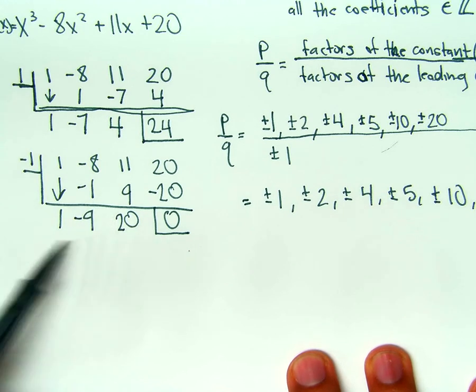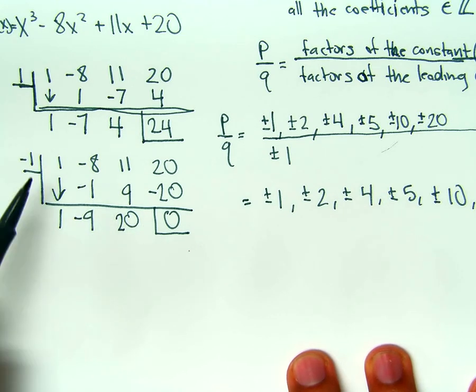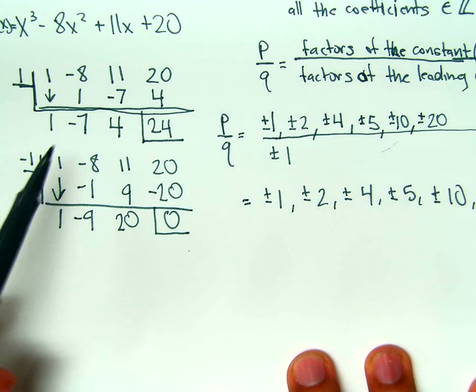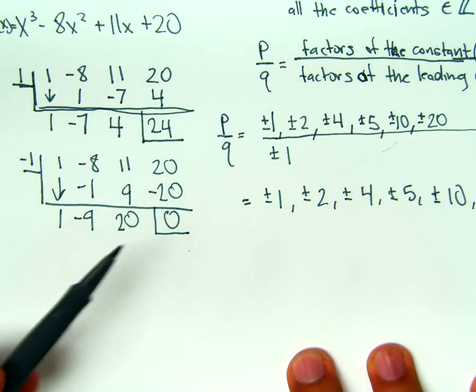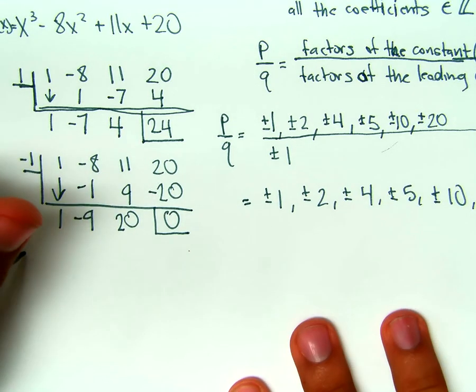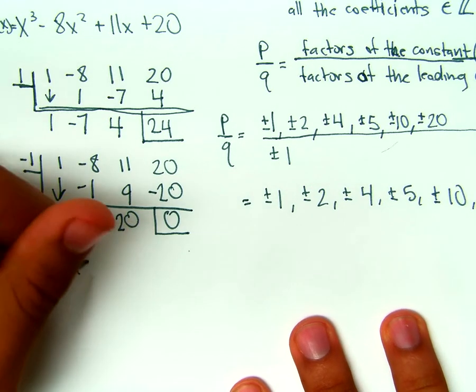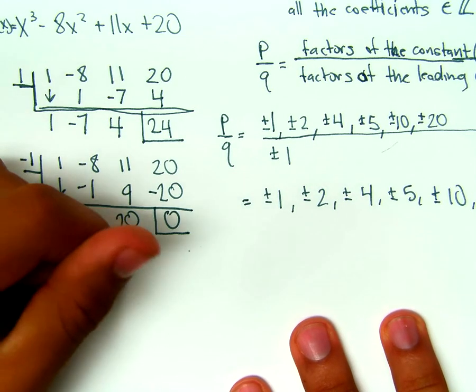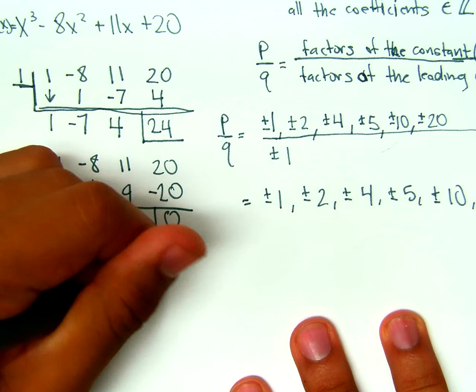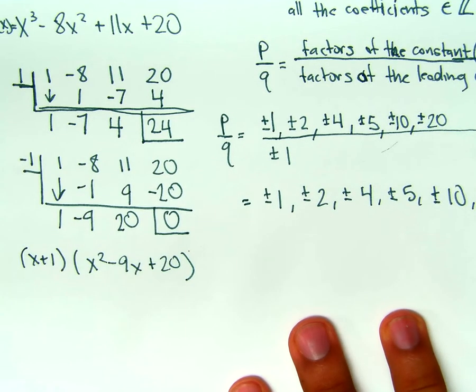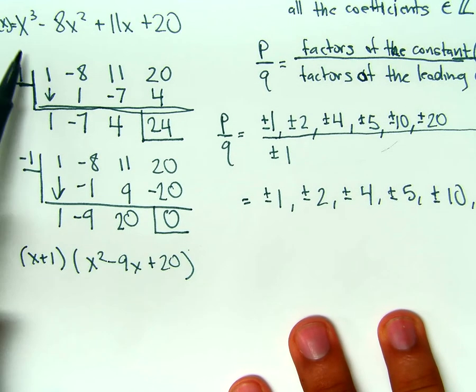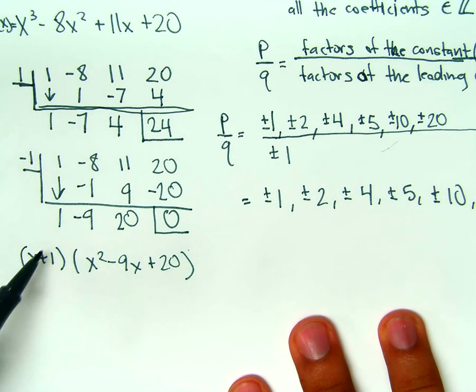Okay, so this is the other factor that was multiplied by this to give us this polynomial. So what we just did is we found out that x plus 1 times x squared minus 9x plus 20 is the original function that we started with. This is just factored out.